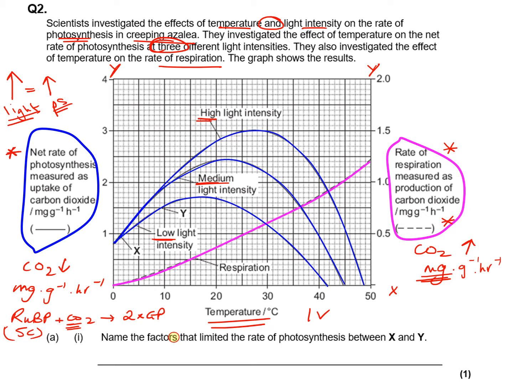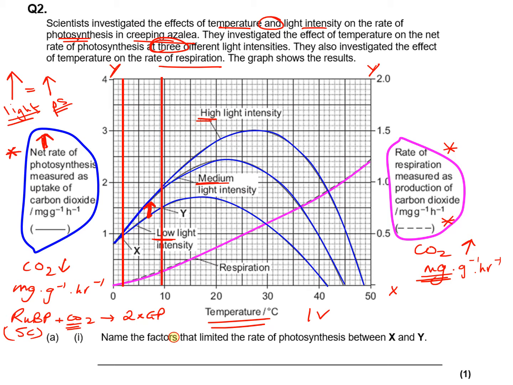So if we look between points X and Y, and you should really get in the habit of annotating this data, we can see as low light increases to medium light, there's actually an increase in the net rate of photosynthesis.